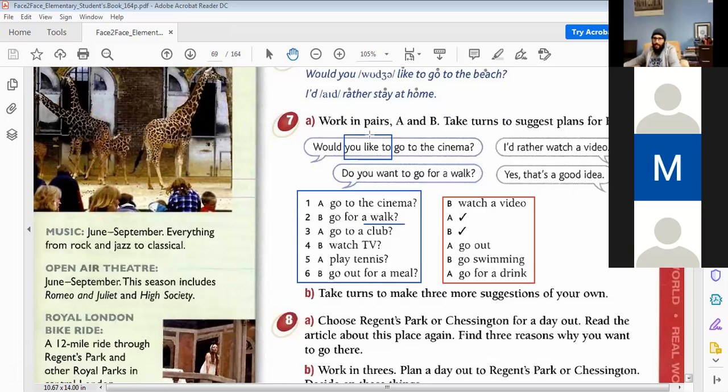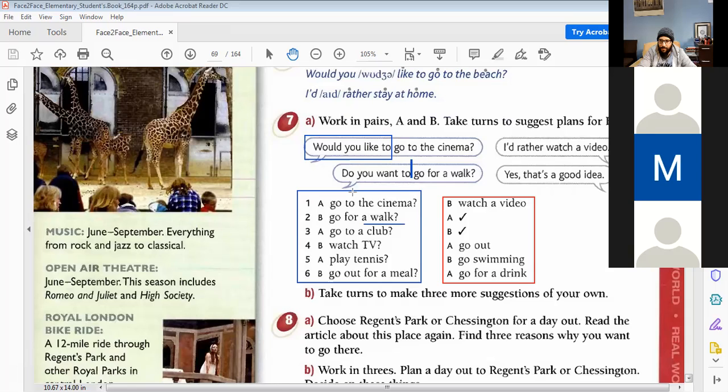Can you repeat it, please? Would you like to go out for a meal? Yes, that's a good idea. Okay.